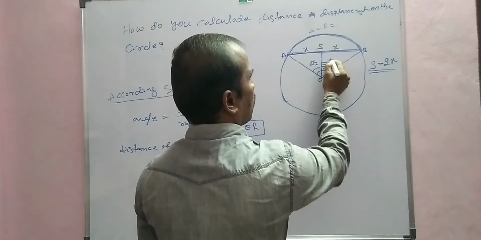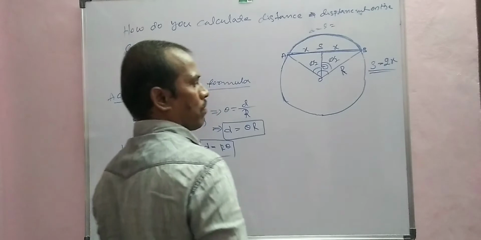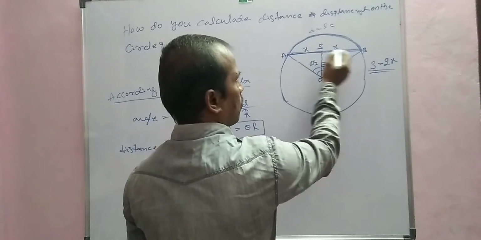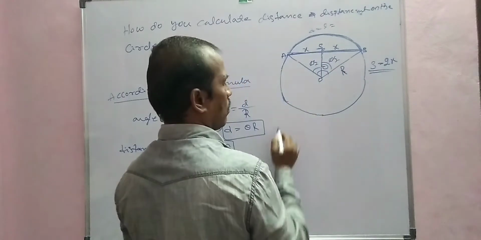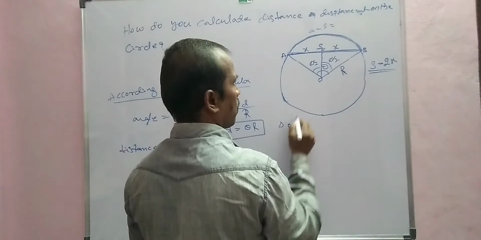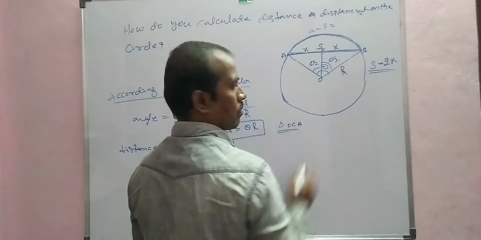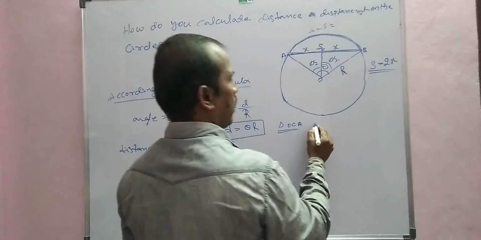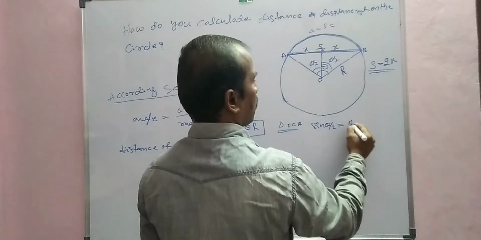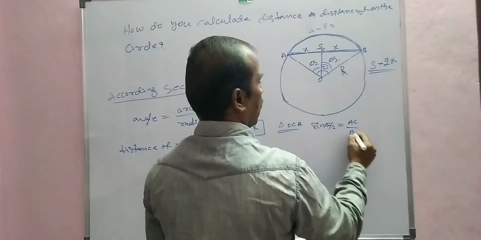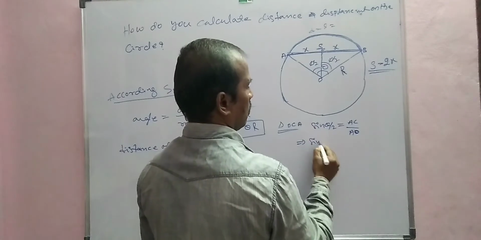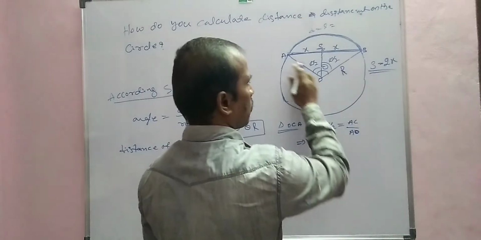In triangle OCA, sin theta by 2 is equal to AC by AO, that is, x by the radius of the circle.